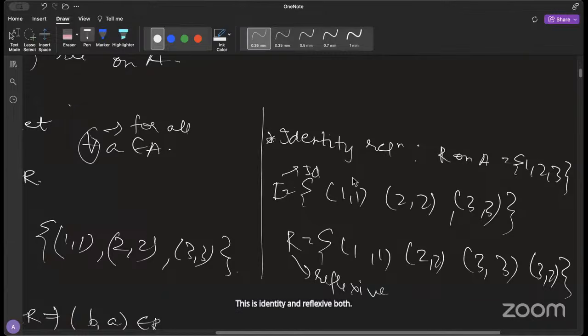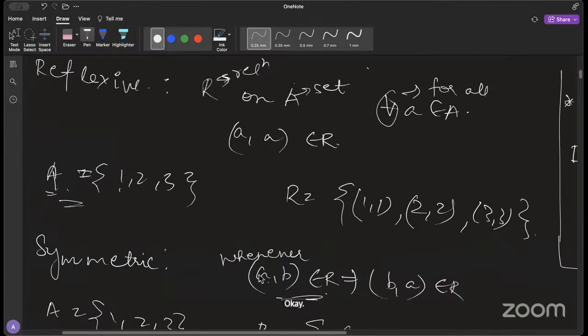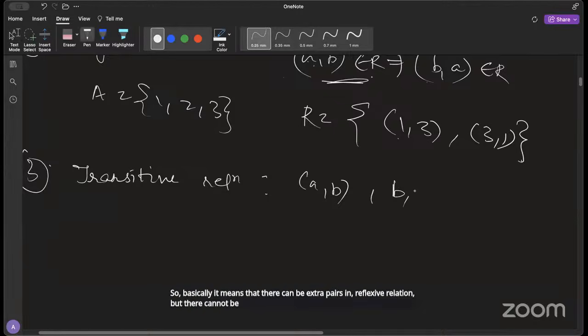This is identity and reflexive both. Is that okay? Okay, ma'am, clear. Moving on. We were on transitive relation. Basically, it means that there can be extra pairs in a reflexive relation, but there cannot be extra pairs in an identity relation.